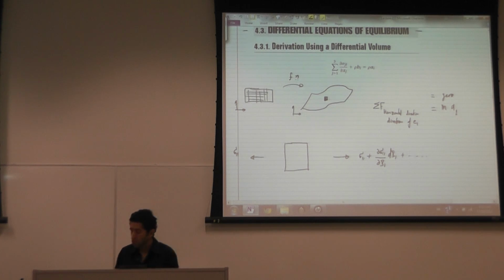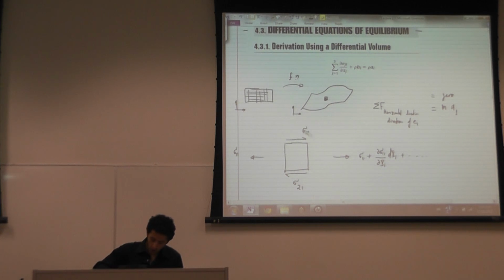So I'm looking for all the horizontal forces. The other horizontal forces are sigma 1,2, actually this is sigma 2,1.